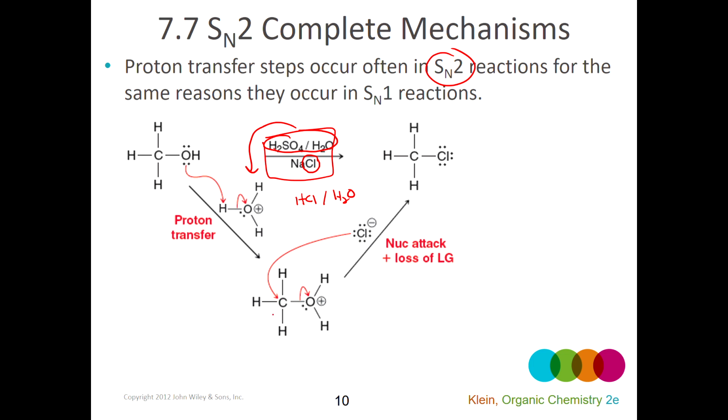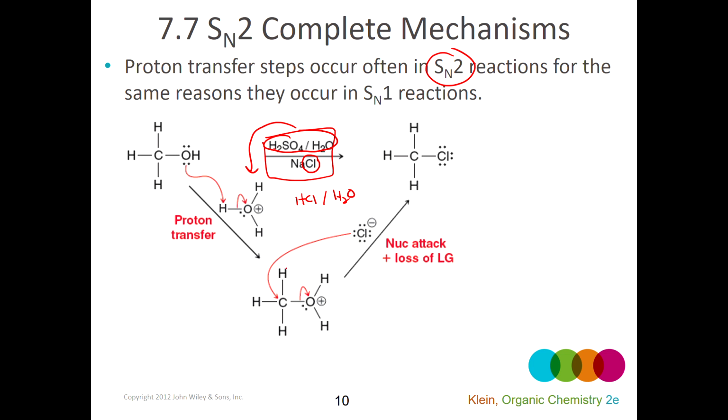So this would just hang out until the nucleophile collides, and it has to collide with the backside to push out the leaving group, and that would give me the product that's shown there. Again, this is not a chiral center, so it doesn't matter where I draw the chlorine in space connected to it. It's the same structure either way.